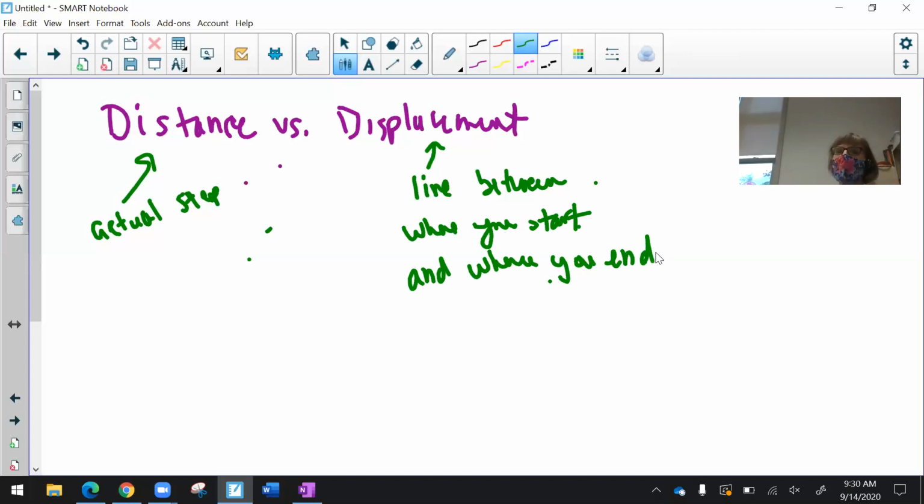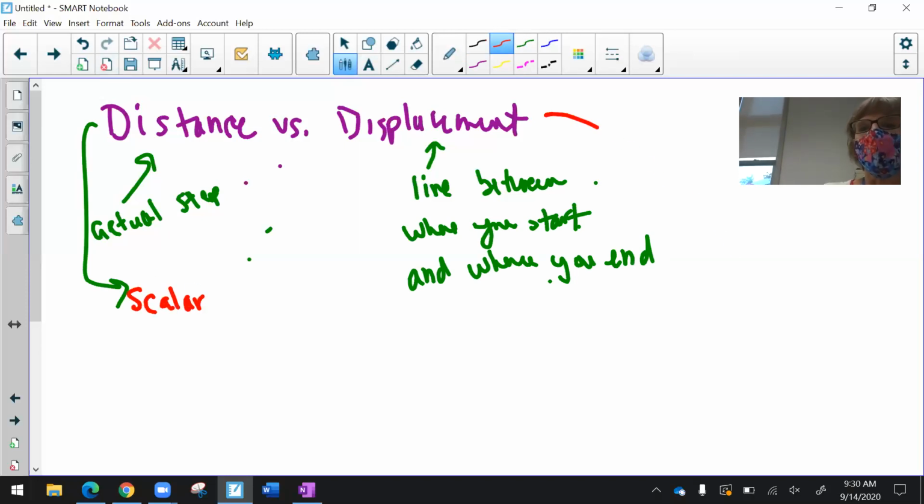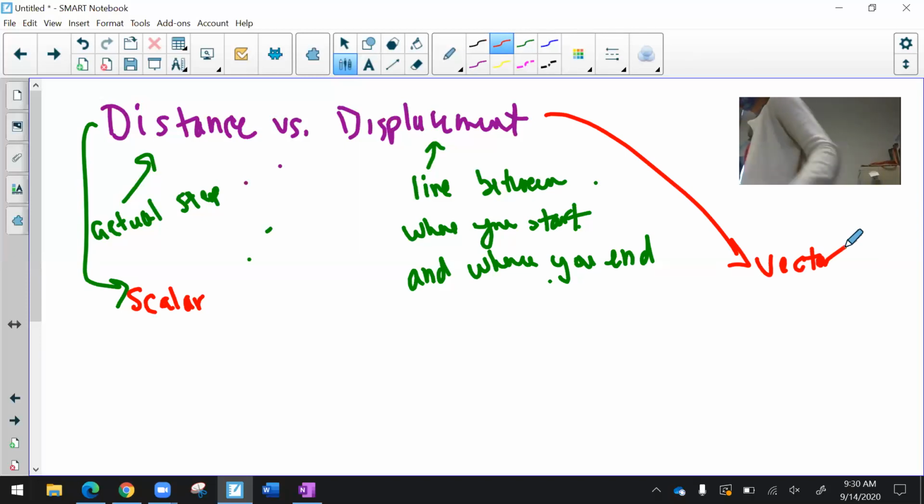Okay, and somebody brought it up earlier, and they are correct that distance is a scalar, and that makes displacement a what? A vector, okay? So we're gonna remember, as Lauren told us, that scalars are just an amount, okay?